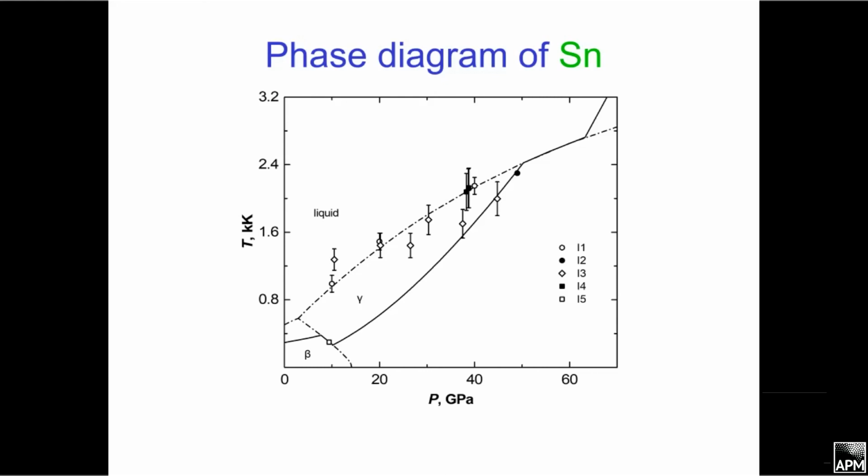Also, here you can see the phase diagram of tin, temperature versus pressure. Lines are calculated using this equation of state.